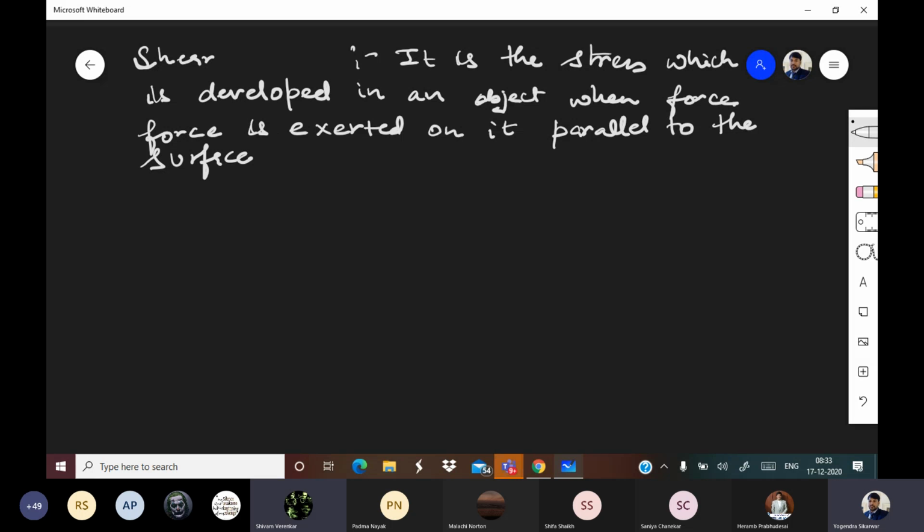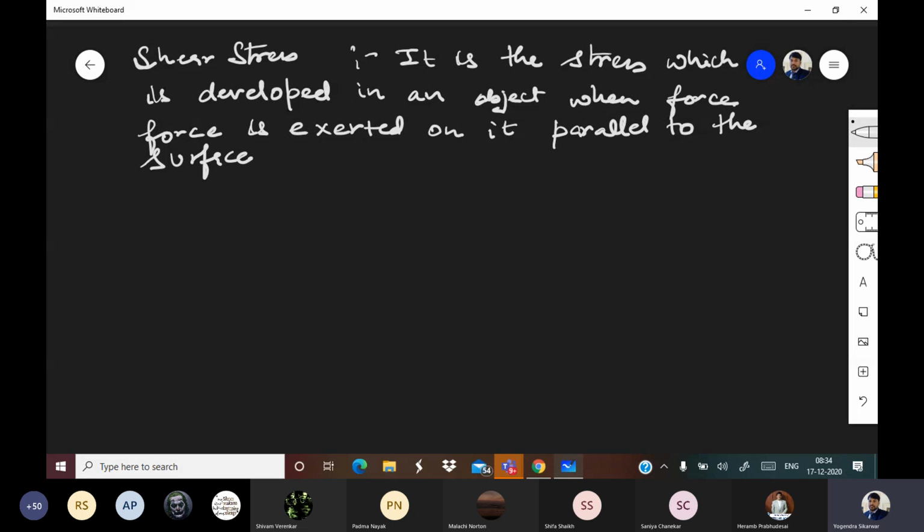So what I was telling you, that shear stress is the stress which is developed in an object when force is exerted on it parallel to the surface. Now try to understand what you mean by force exerted parallel to the surface.